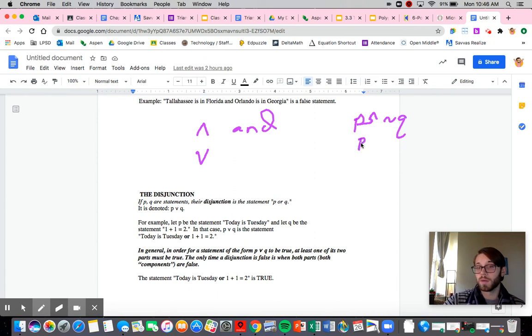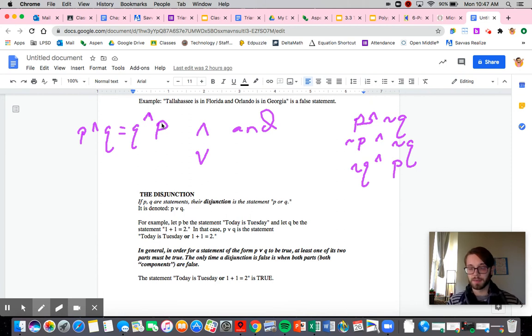You could do not P and not Q. You could do not Q and P. It doesn't matter. P and Q is the same thing as Q and P. These are the same. It doesn't matter what order. Ordering has no effect at this point. Okay.